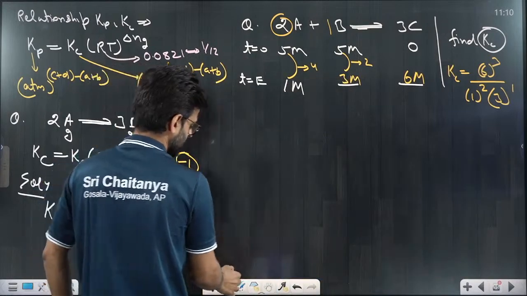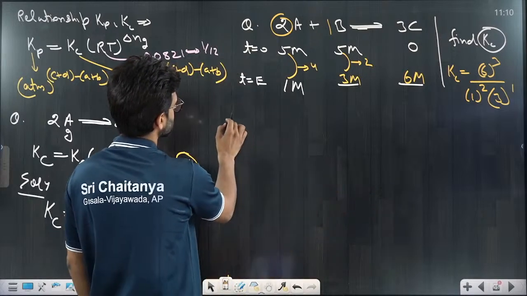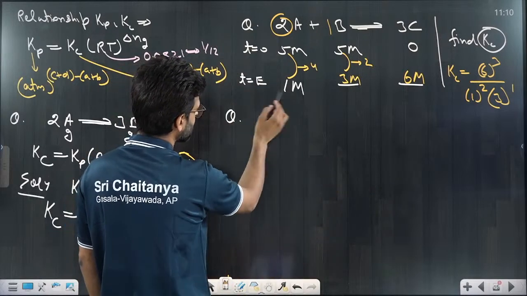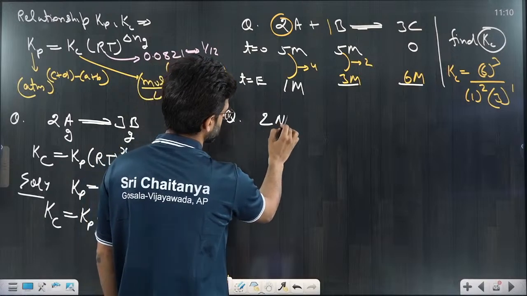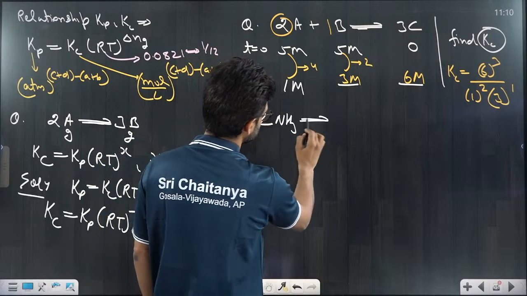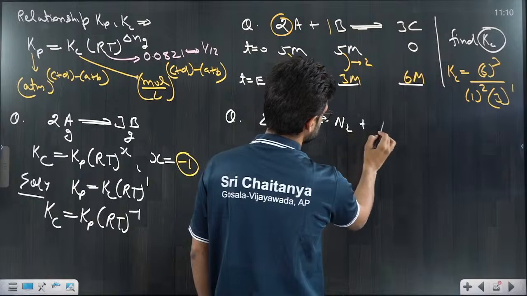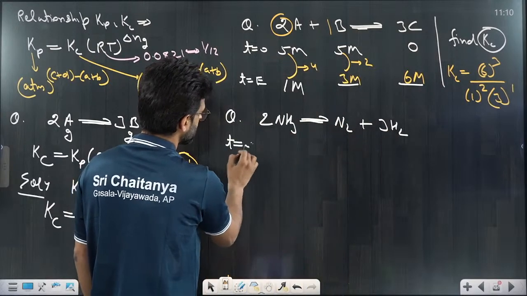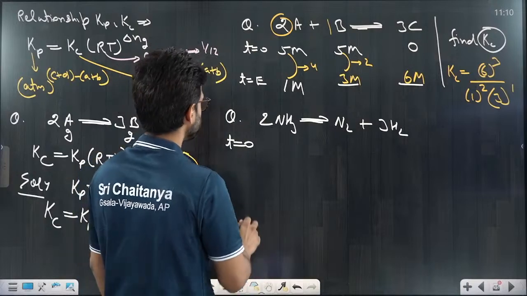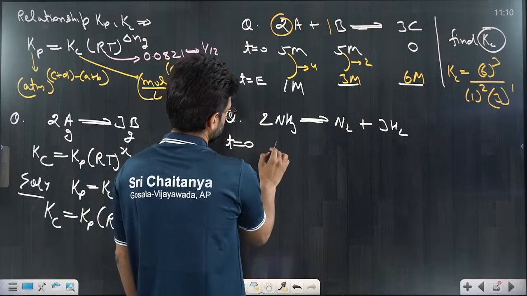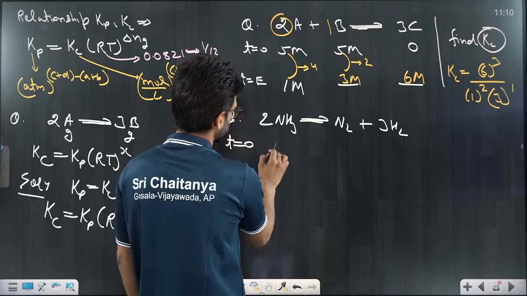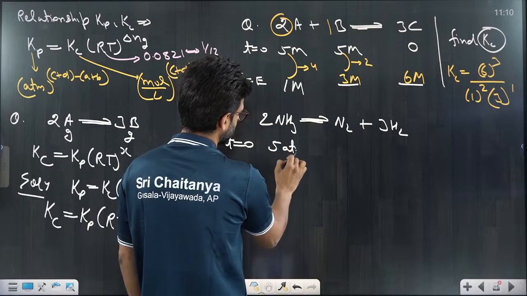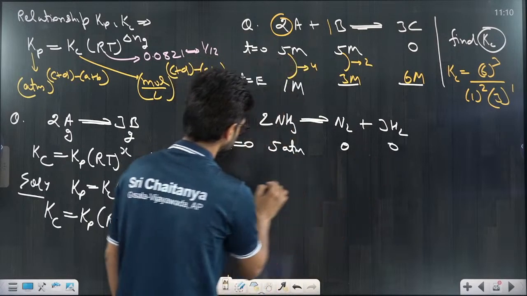Now the next thing is the same type of question for Kp. It is 2 ammonia I am giving here, it's N2 and 3H2, right? At time 0, imagine we have 5 atm pressure here, 5 atm pressure, 0, 0.